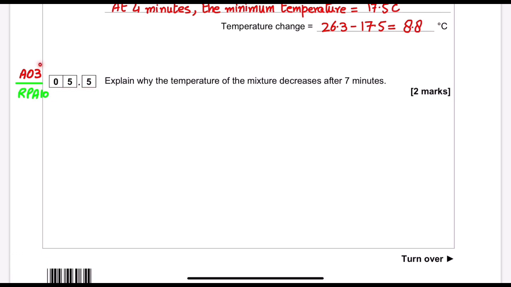5.5 is an AO3 question and it is from the topic of exothermic reaction, endothermic reaction, and the reactivity series. And it is from the required practical activity number 10. Explain why the temperature of the mixture decreases after 7 minutes. To answer this question, we need to use figure number 4 again.